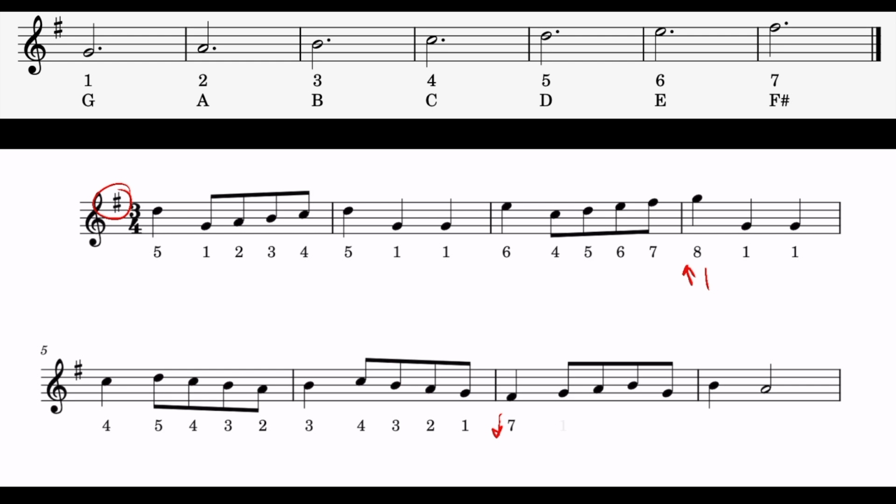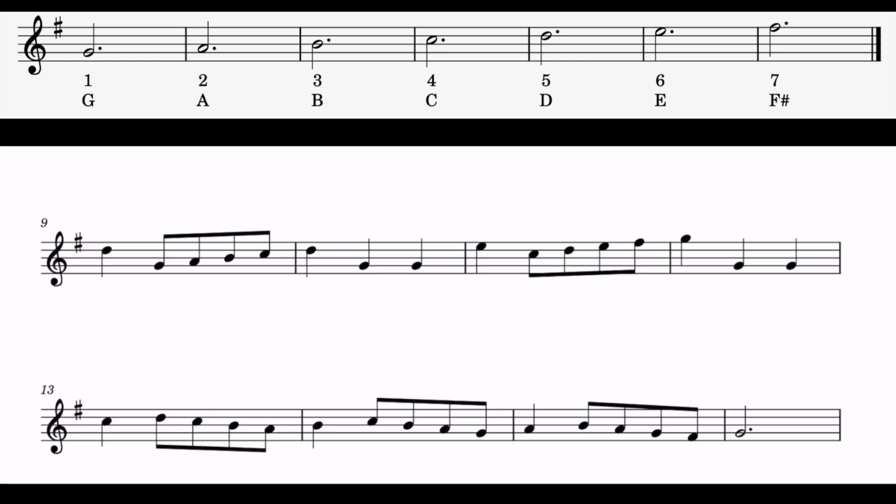And then back to our 1, our G, A, 2, B, 3, 1, G, and then our B, which is our 3, followed by our A, our 2. Here we go back to the opening melody with our 5, 1, 2, 3, 4, 5, 1, 1, and then 6, 4, 5, 6, 7, 8, or 1, 1, 1.